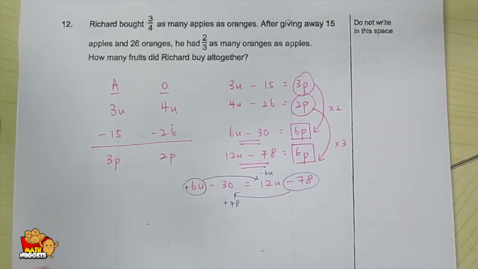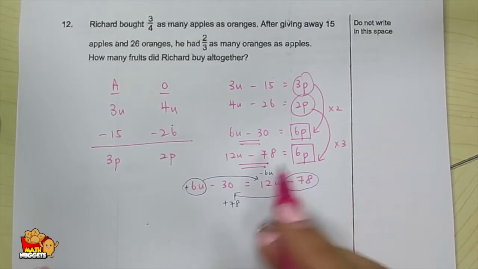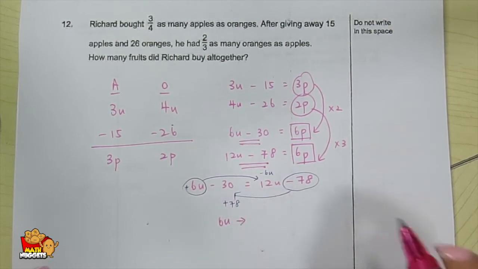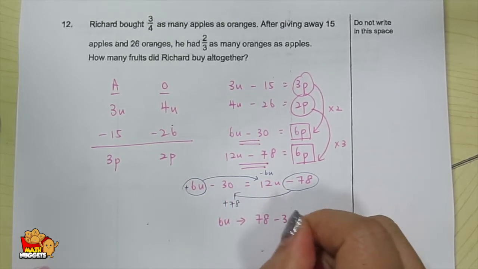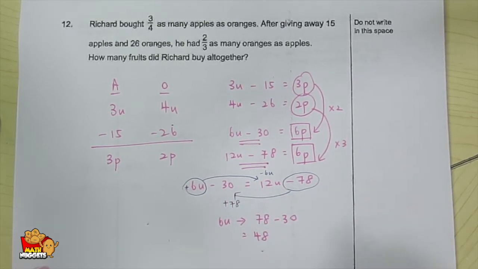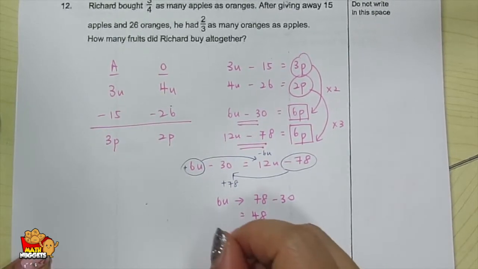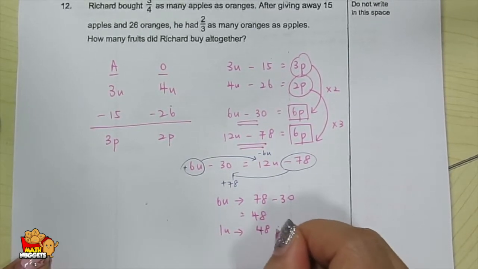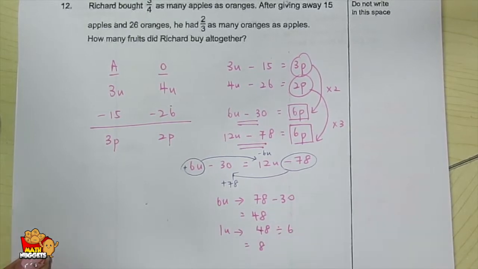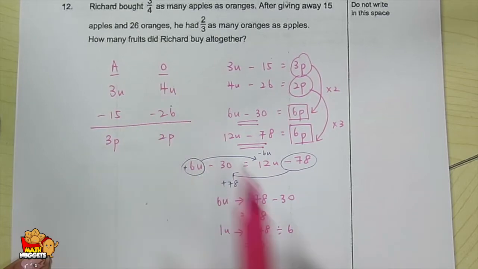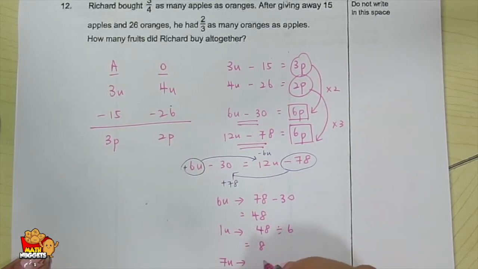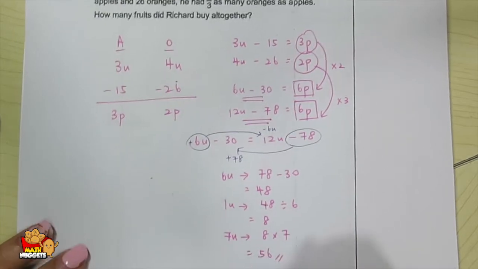So for units, I'm left with 12u minus 6u, which is 6u. And for my number, I'm left with 78 minus 30, which is 48. Then 1u is 48 divided by 6, which is 8. How many fruits did Richard buy altogether? That is at the beginning, which is 7 units. 8 times 7, 56.